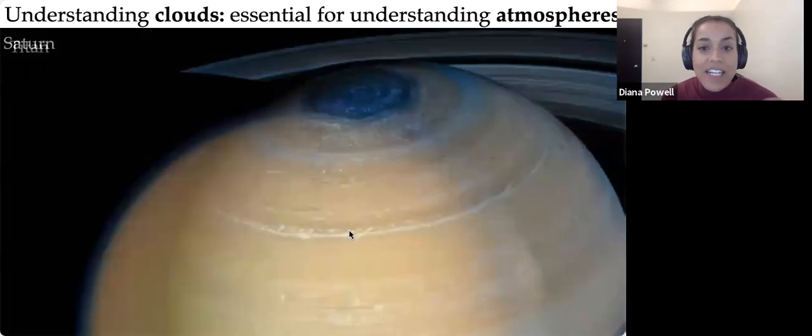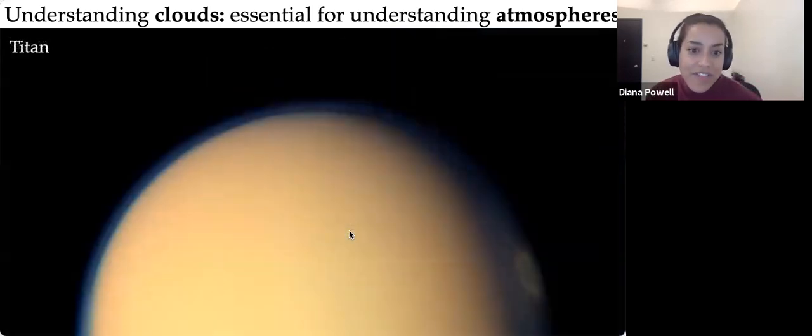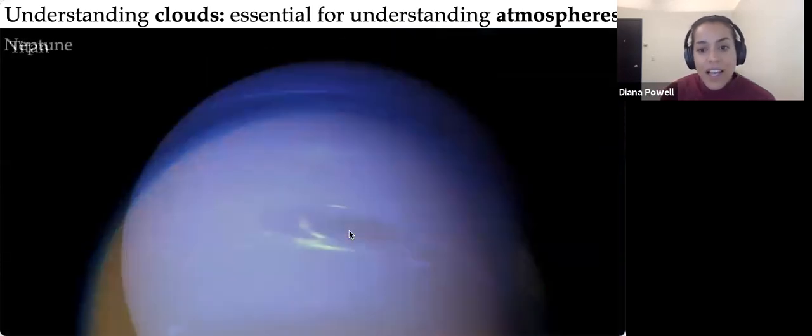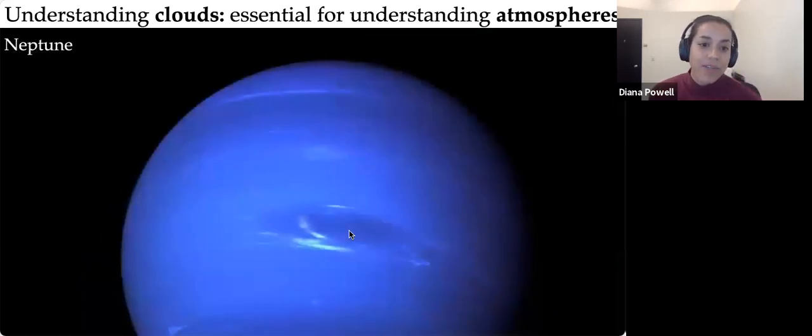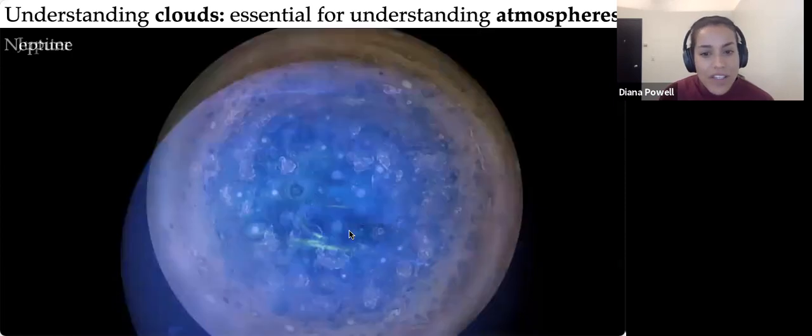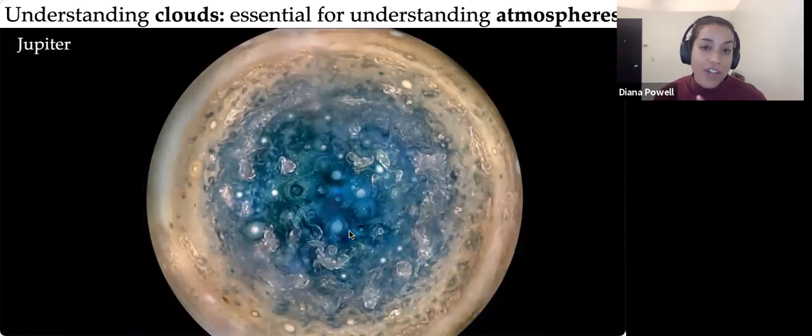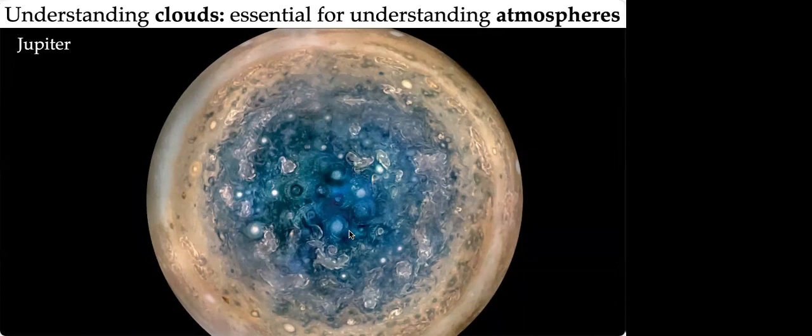Clouds regulate the planetary climate through regulating radiative transfer and chemistry. And clouds must be understood when determining atmospheric abundances. Also, often the clouds in an atmosphere are the only thing that we can see. So it's therefore an absolute necessity that we understand clouds when we're interpreting planetary atmospheres.